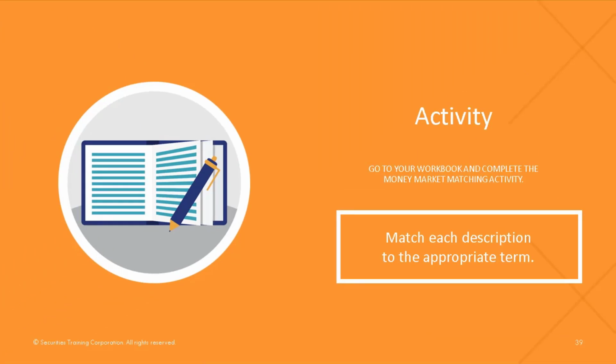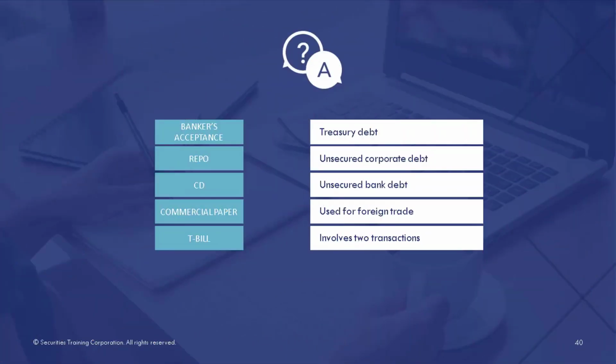Let's take a look at an activity. Match each description to the appropriate term. So banker's acceptance, repo, CD, commercial paper, T-bill. Again, feel free to pause. So the banker's acceptance, remember, that was created by foreign trade. The repo, remember, involves two transactions.